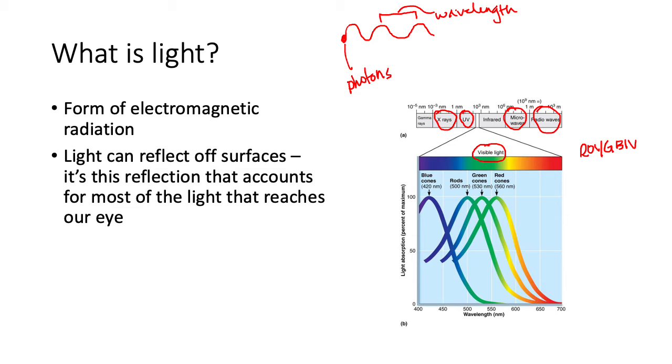And so, again, we can measure the wavelengths of light, and that's what these distances in nanometers are telling you. So blue light travels at 420 nanometers. A nanometer is one billionth of a meter, so it's really, really tiny.